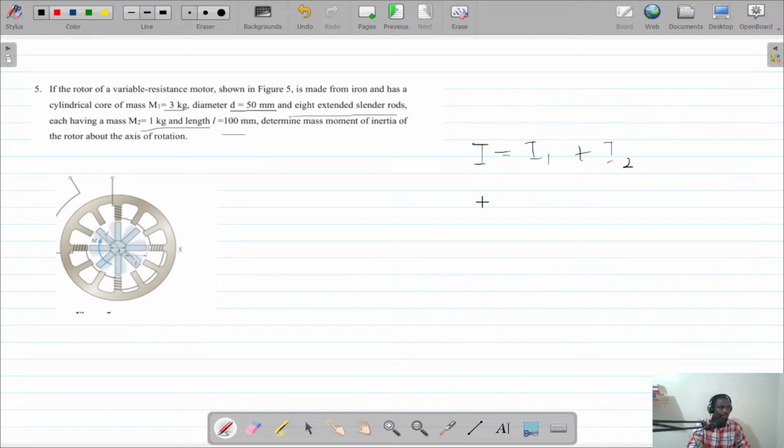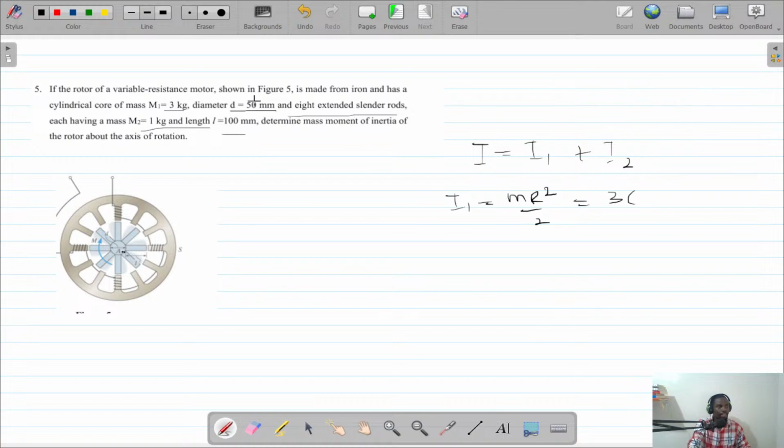Now the length. You could see that the length of the spoke is just at the end of the cylinder. So I1 will be mr squared on 2. The mass is 3 kilograms, so we have that.